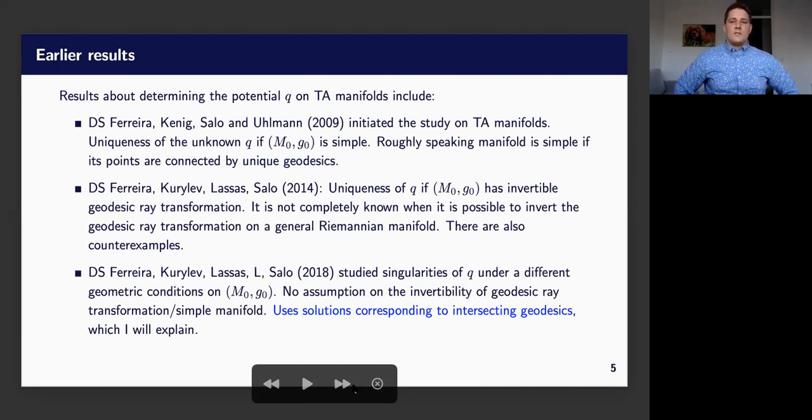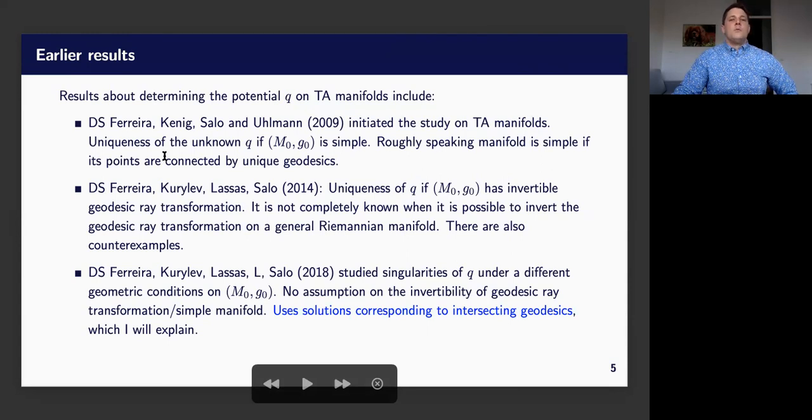Okay, so let's look at the earlier results in this setting. This business was started by David dos Santos Ferreira, Carlos Kenig, Mikko Salo, and Gunther Uhlmann in 2009. They initiated the study of the Calderón problem on transversally anisotropic manifolds.